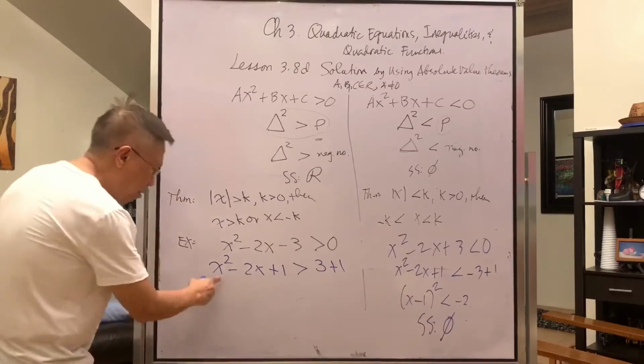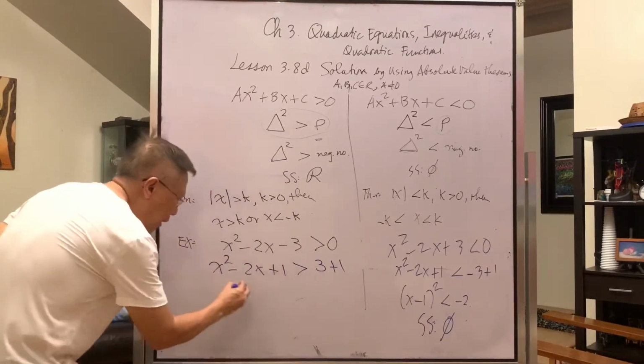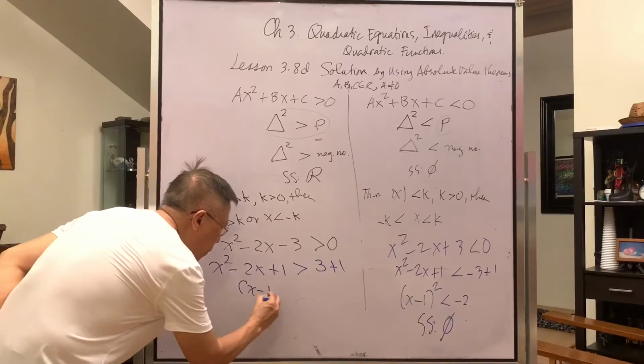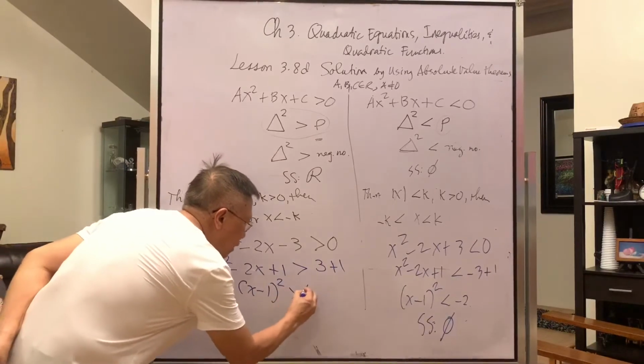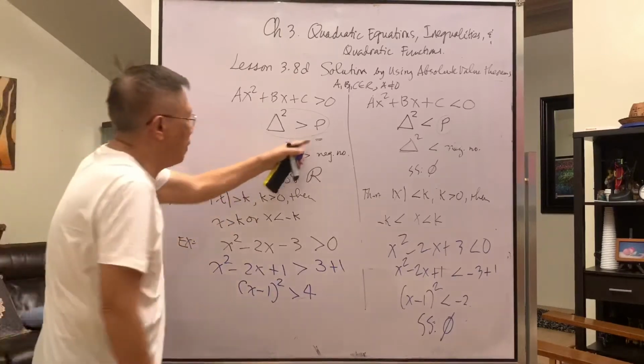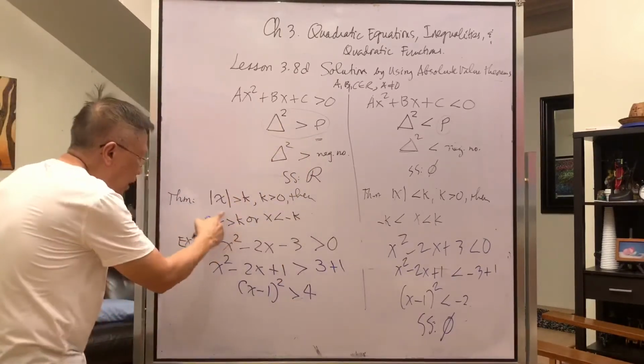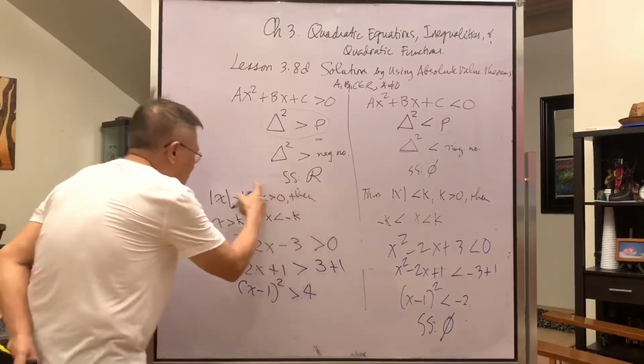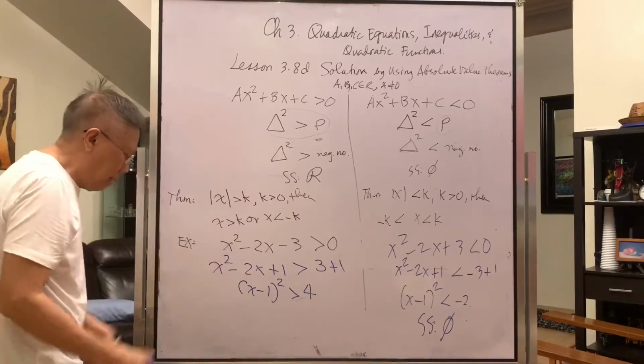Now, I will have this as a square of a binomial, and this will give me a positive number. So this is a positive number, so we can go on and apply this theorem. But how do we apply this theorem?